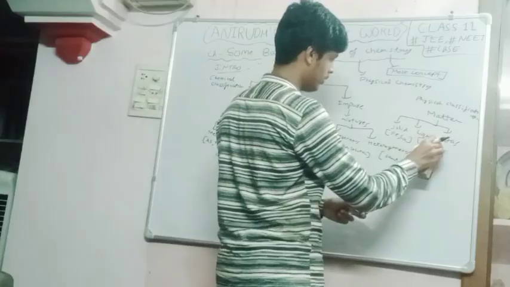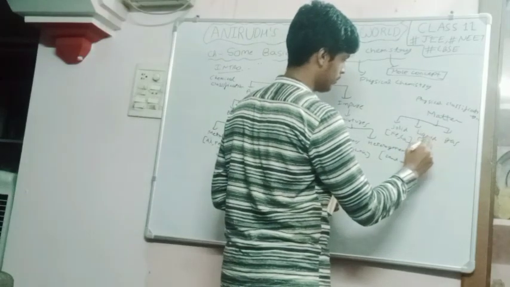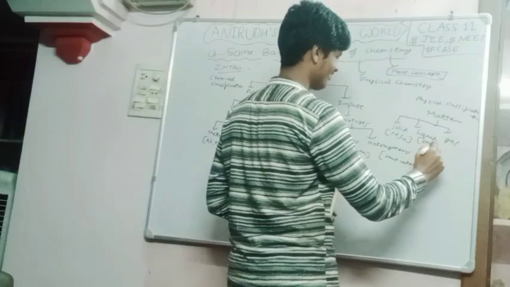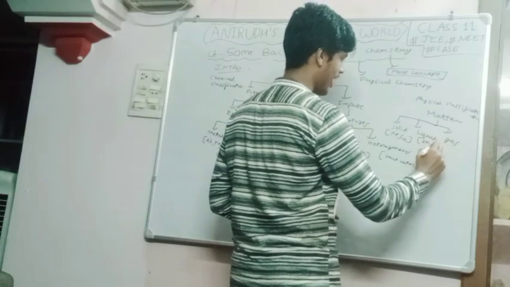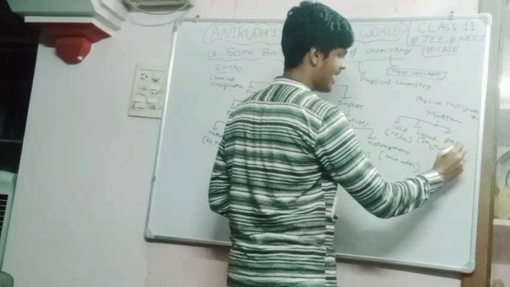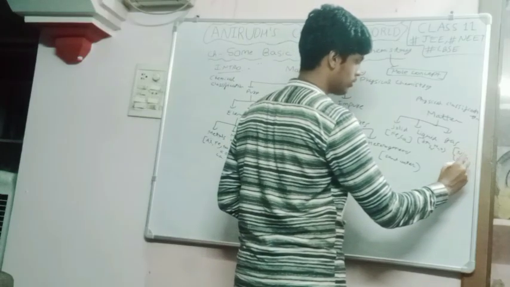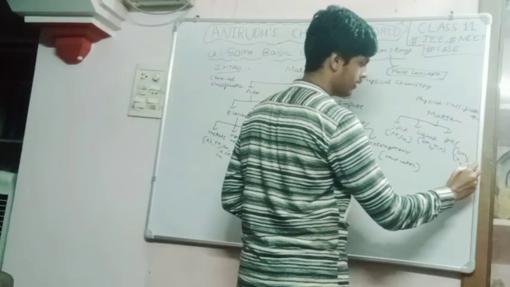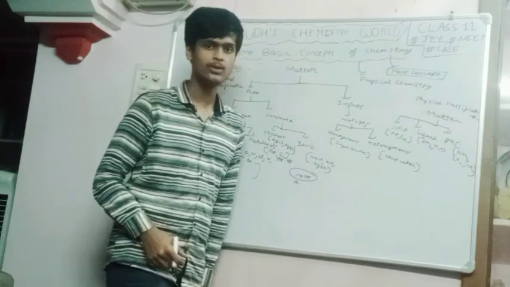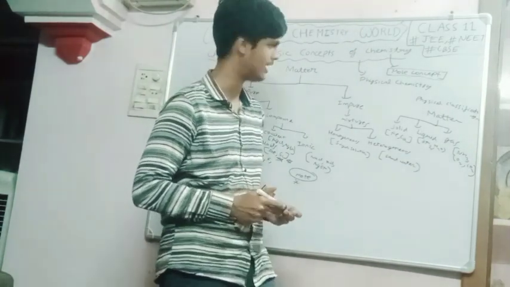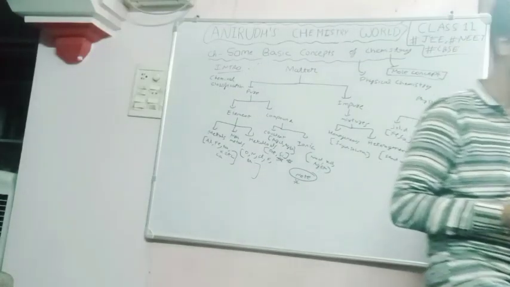You just note down. And water is also liquid. In gases, you will be having ammonia NH3, O2, oxygen which we inhale, and carbon dioxide CO2 which we exhale. You just note it down.